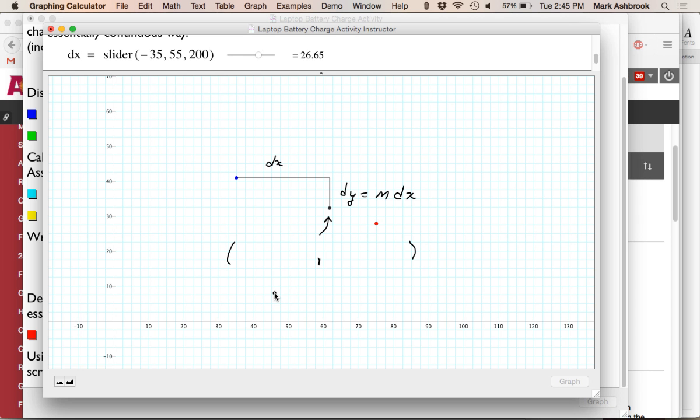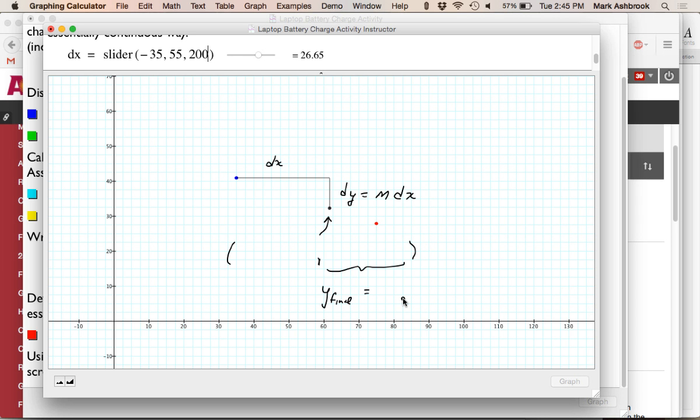Okay. Now let's think about this. And then this is y final. And what's the mathematics behind y final? We want the y coordinate of that point, which is the final value of y.